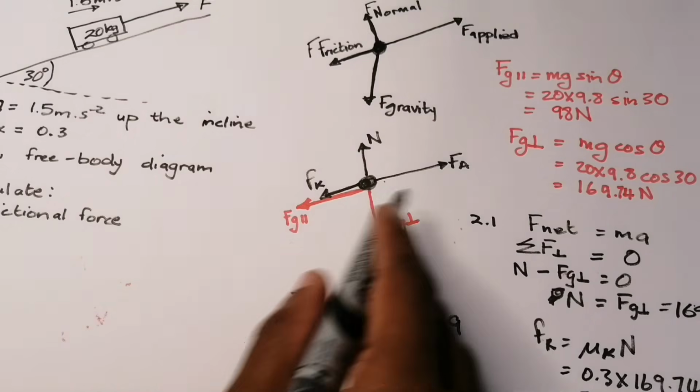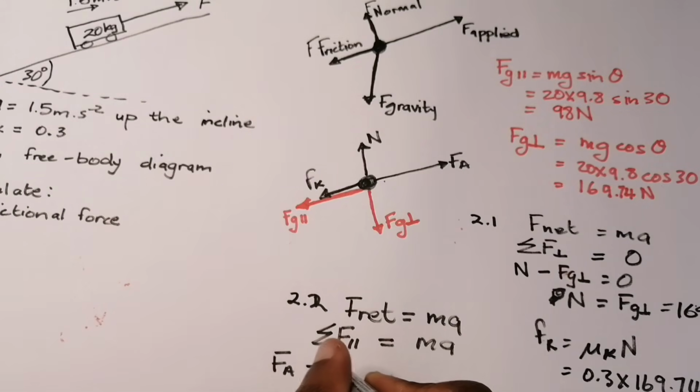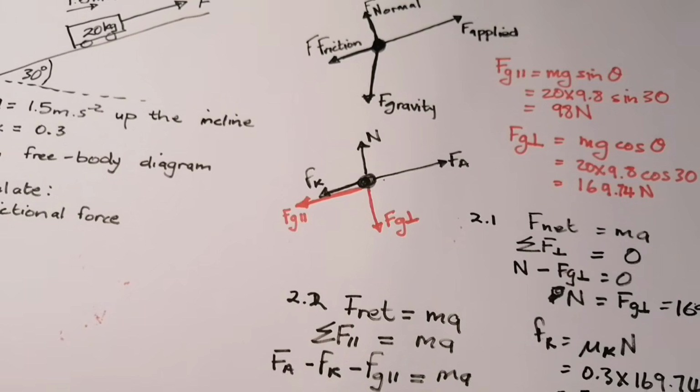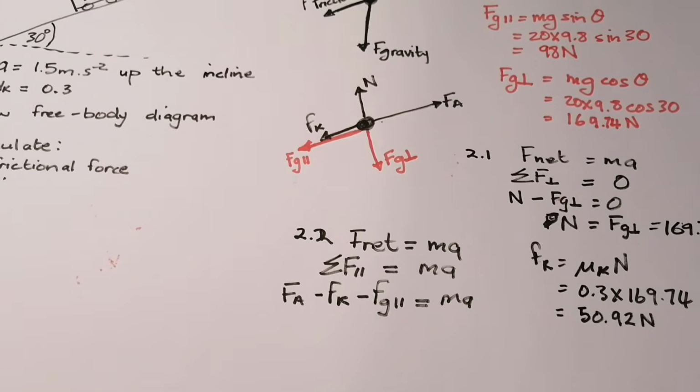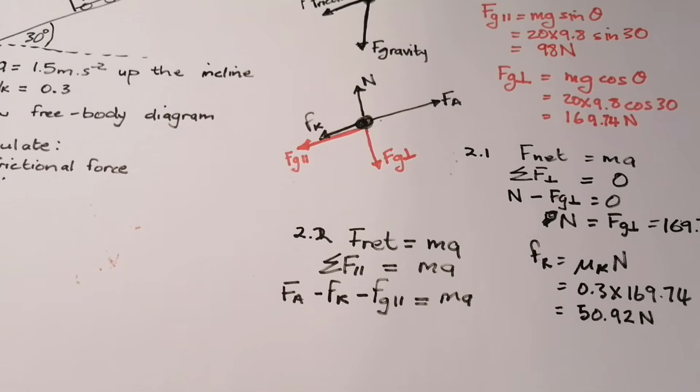So it's my force applied minus the frictional force, minus the force of gravity parallel, and this is equal to ma. I'll take it up a little bit so that you can see it better. So F net is force applied minus frictional force minus Fg parallel, equal to ma.